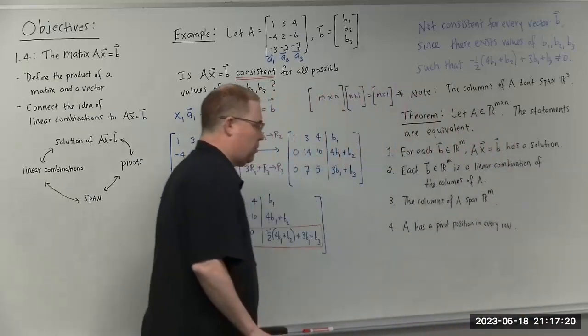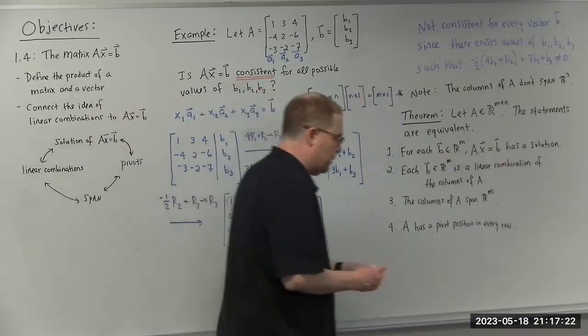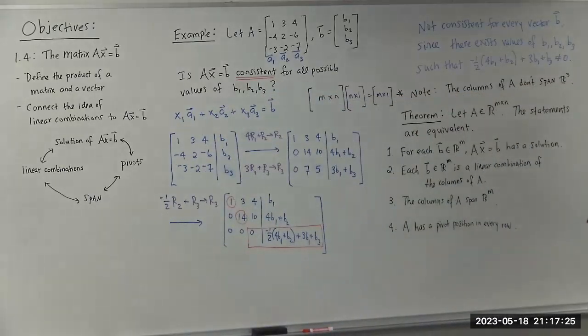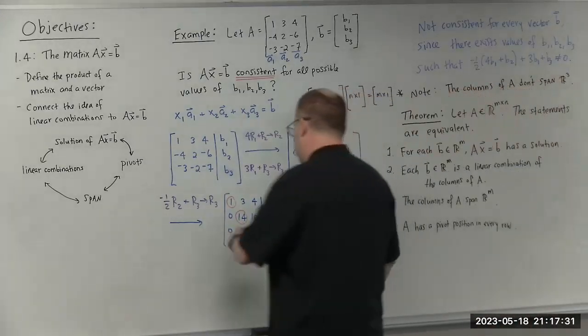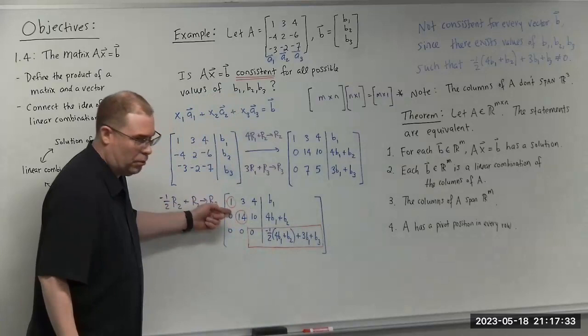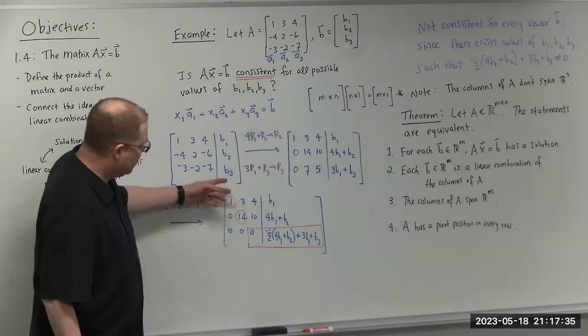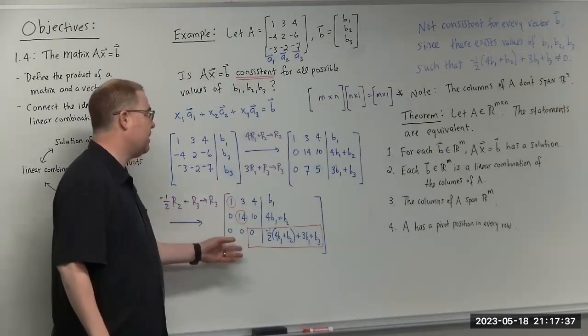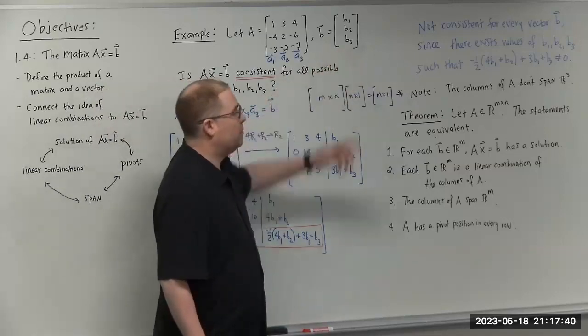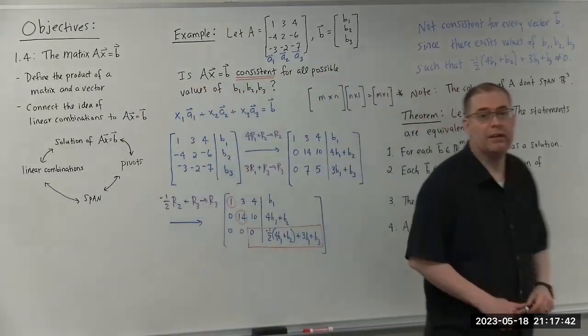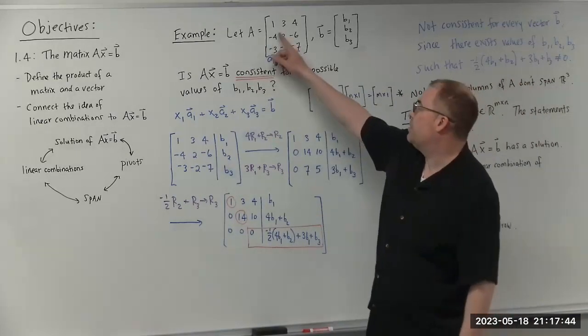And that should make sense at the intuitive level, because again, it goes back to this idea. Just go back to this. How many pivots do we have? Well, we only have 2, whereas we have 3 rows. Because of that, that automatically tells us that we're not going to get a solution for this particular matrix.